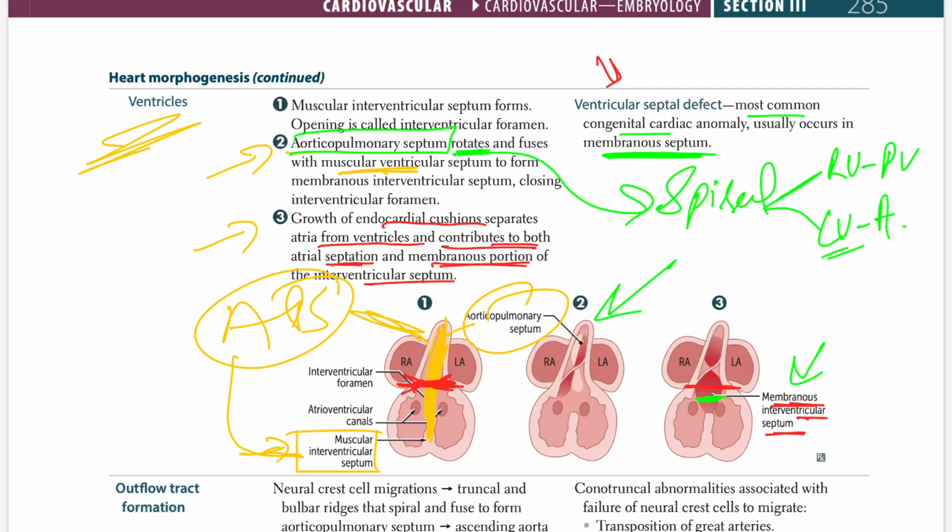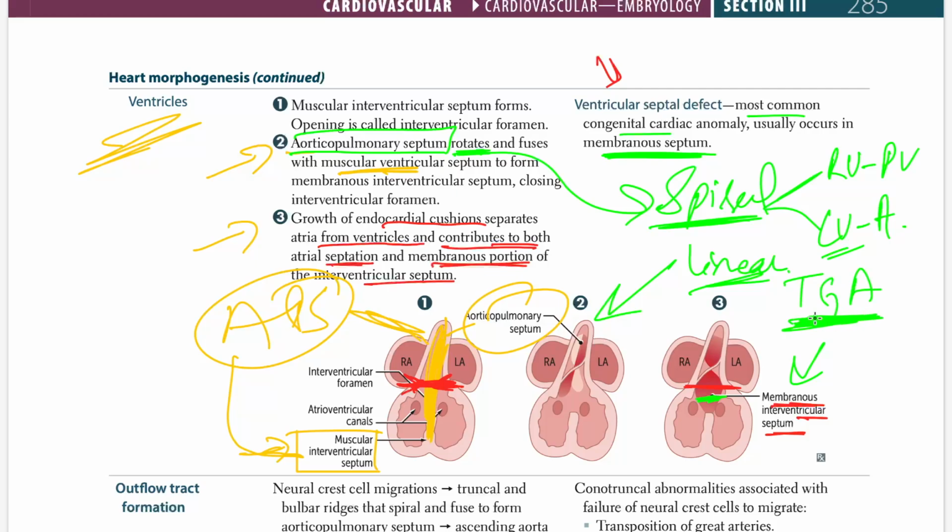That's due to spiraling. So if the spiraling does not occur, what's going to happen is you would have a linear aorticopulmonary rotation instead of a spiraling rotation, and that would lead to TGA, transposition, and we will talk about that in pathology.